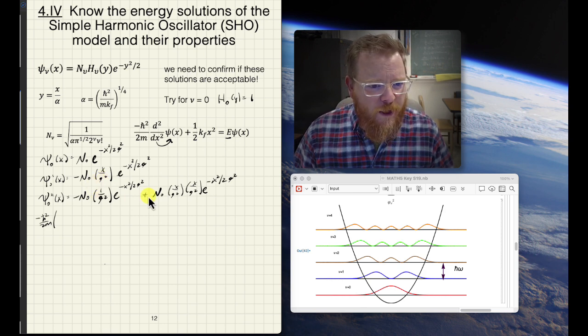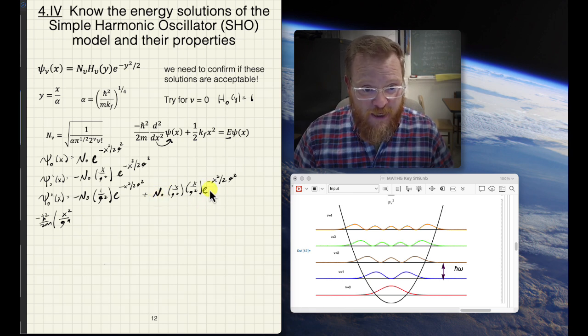And I'm also going to switch the order of these because I like having a positive term written first. So I'm going to end up with x squared over alpha to the 4th power. Okay, and then I have just the normalization constant times e to the negative x squared divided by 2 alpha squared. So that just equals psi of 0.